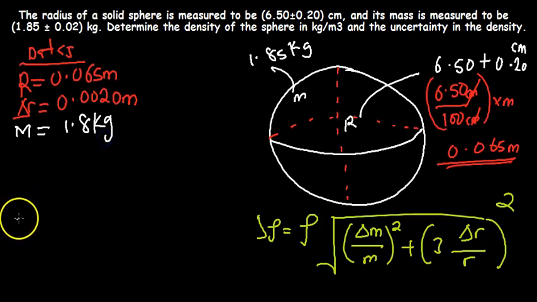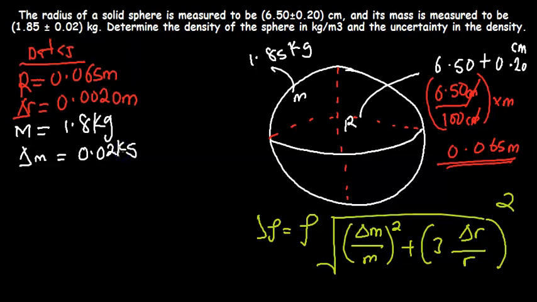So what we have next is the uncertainty in the mass. Because if you notice here, we have plus or minus 0.02 in kilogram, so the uncertainty in mass is going to be 0.02 in kilogram.